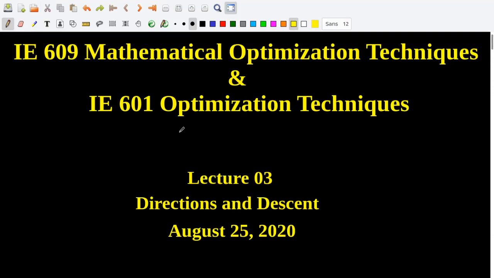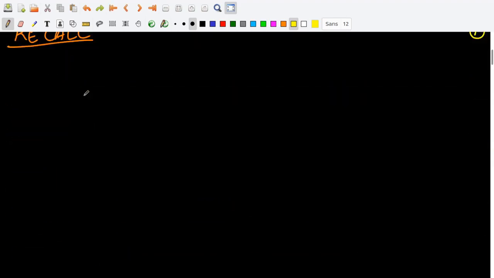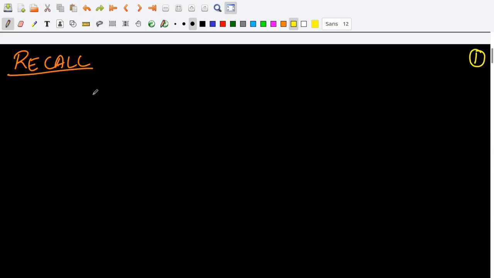Hello everyone. Today we are going to talk about gradients and Hessians of functions and finding how functions can change in a certain direction by looking at their derivatives. So recall that we are trying to minimize an unconstrained nonlinear function.